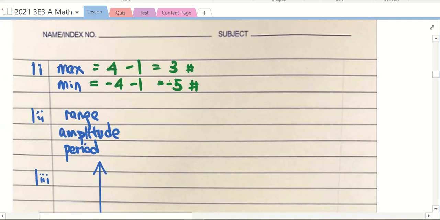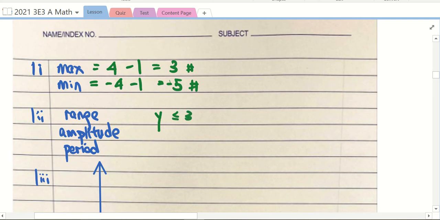There's a reason why I want to find these two answers first, because this question is a bit unique. The first part talks about the range. Sorry, it's a negative 5. So how do I write the answer? So the range is for y. The maximum value is 3.